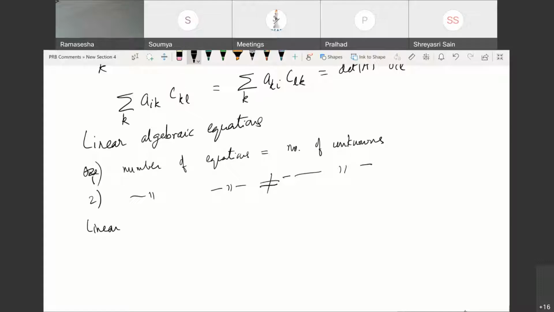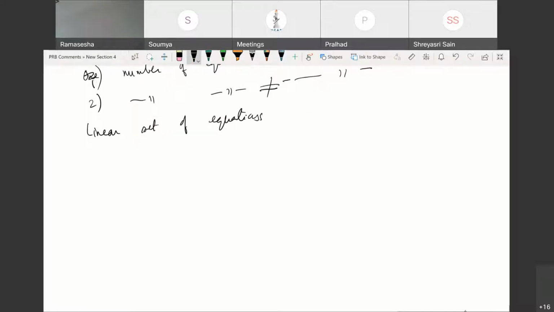You can always write a linear set of equations in the following fashion: sigma over j of aij xj equal to bi, where j is equal to 1 to n, i equal to 1 to m.